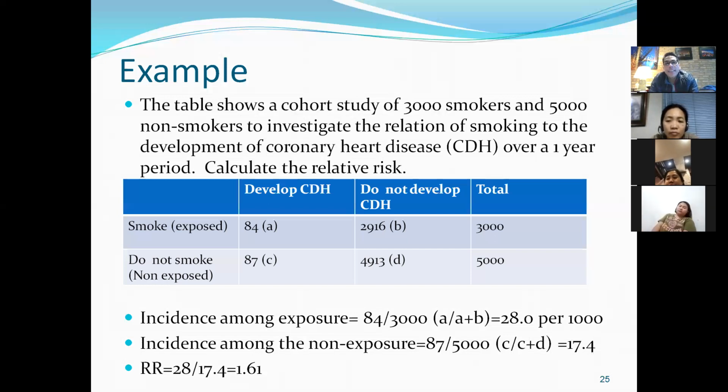So again, when we don't know anything much about the disease, we always start with the relative risk. Once we already know the disease, then we can calculate the odds ratio.